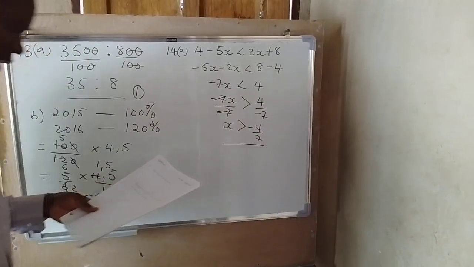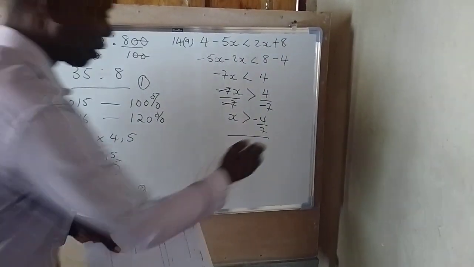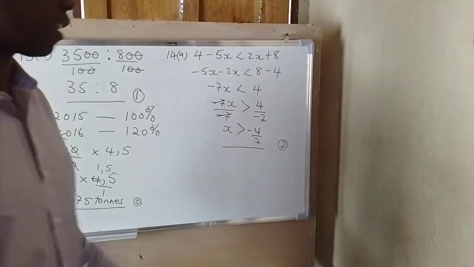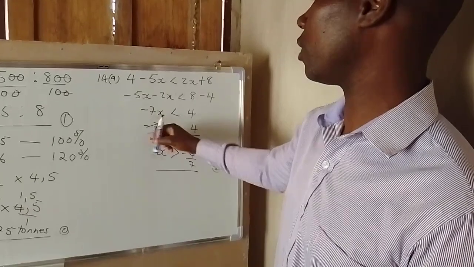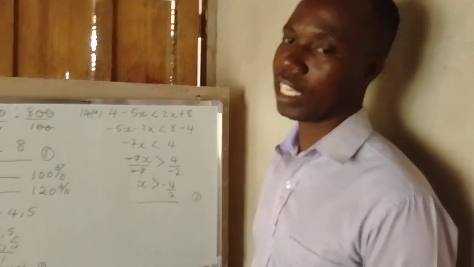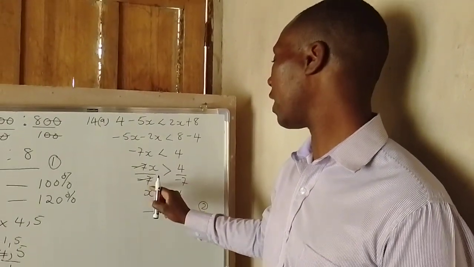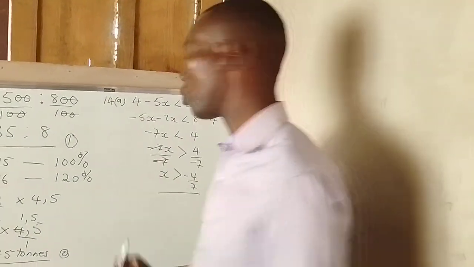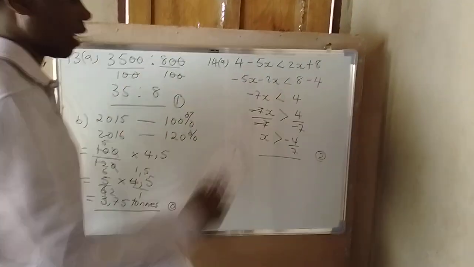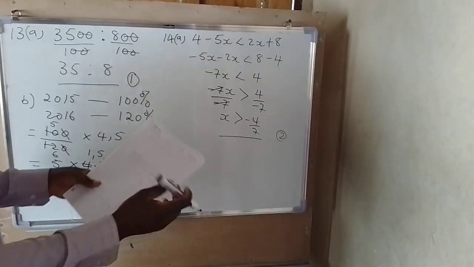This is now the solution. This is for 2 marks. Let us be very, very careful here. When you divide an inequality by a negative, you reverse the sign. So this is why now the left hand side is bigger than the right hand side, because we've divided by the negative. Thank you. That's for 2 marks.